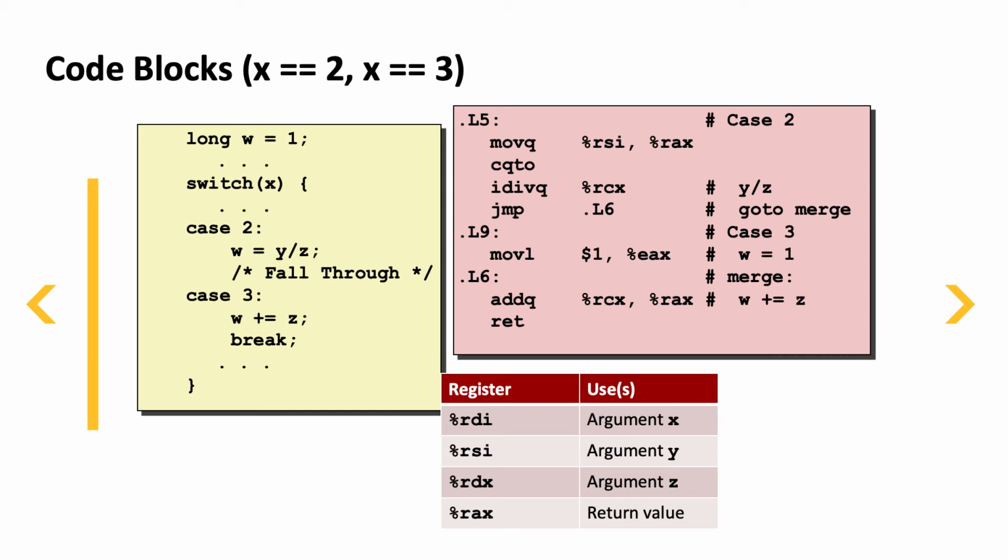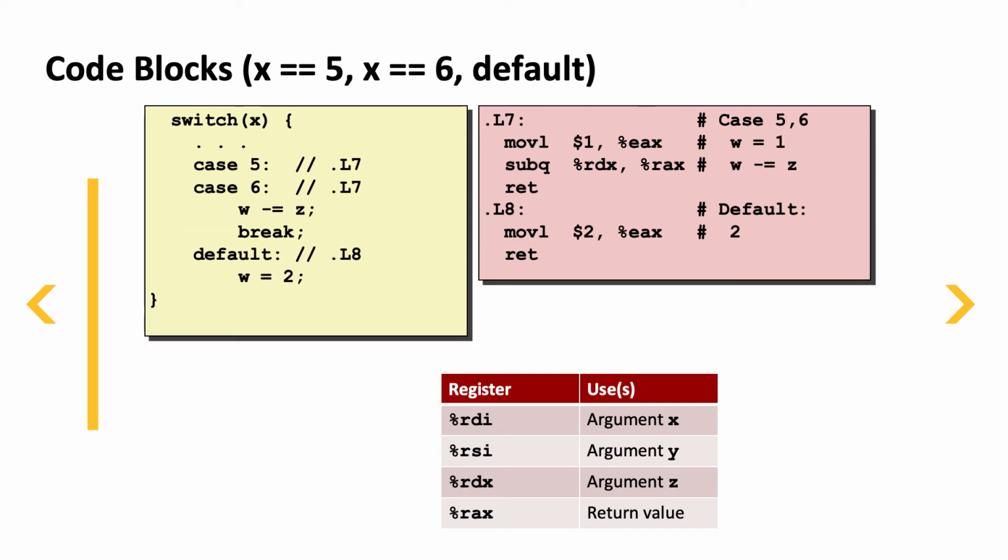I would move 1 into EAX, and remember that doing a 32-bit operation automatically puts zeros in the upper bits of the register, so that just initializes RAX to 1. Then I move on down and I add RCX to RAX, right? I do my case 3 code and return from that. So this is how we can handle that fall through in a switch when we translate it over to assembly.